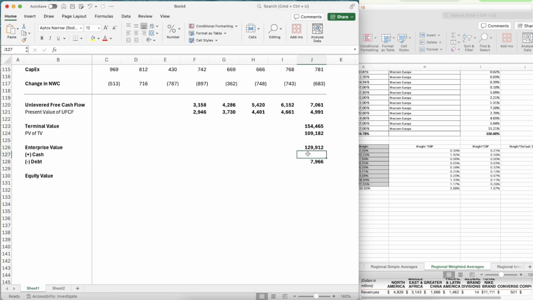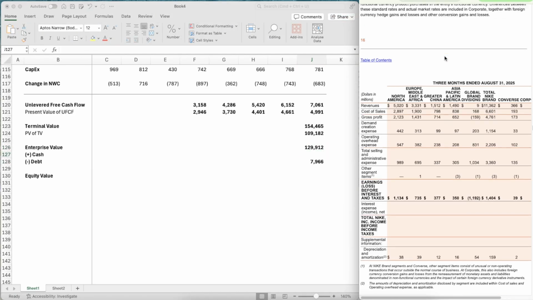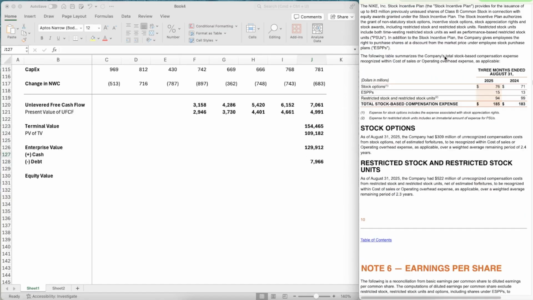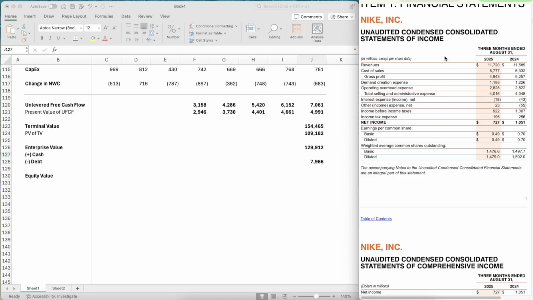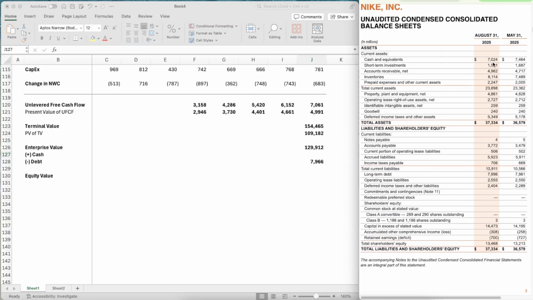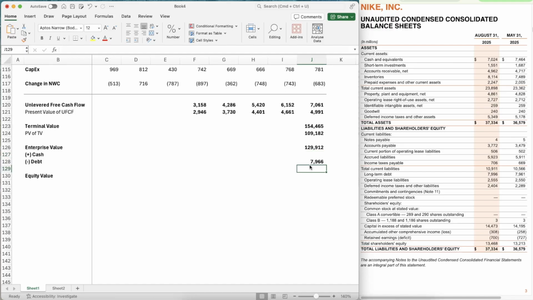But for the cash, we need to come onto the balance sheet. Where is it? Here. So we can go, we add these two, 7024 and the short-term investments, 1551. Or 7024 plus 1551.